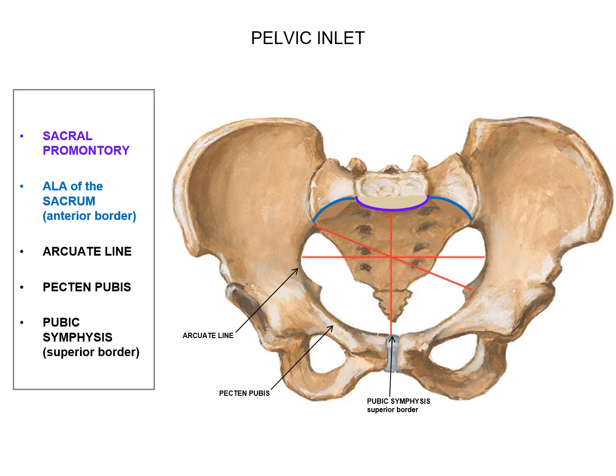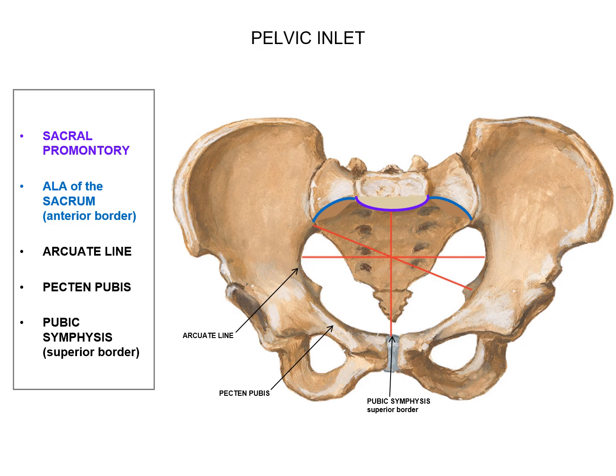The pelvic inlet is completely surrounded by bones. Posteriorly, the inlet is bordered by the body of the first sacral vertebra, which projects into the inlet as the sacral promontory.